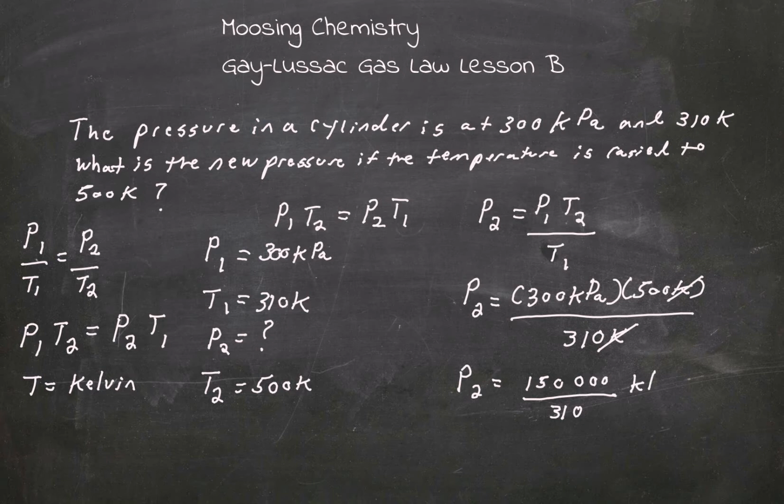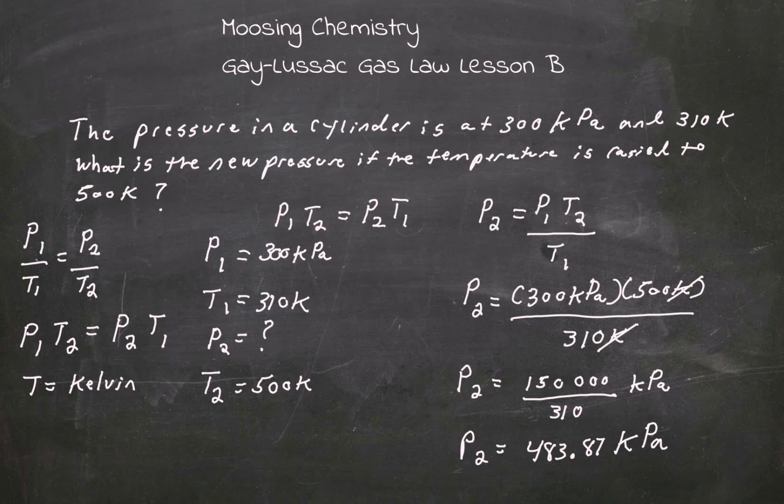Remember, this is going to be kPa. So dividing 150,000 by 310 on the calculator gives me 483.87 kPa. That was pretty easy.